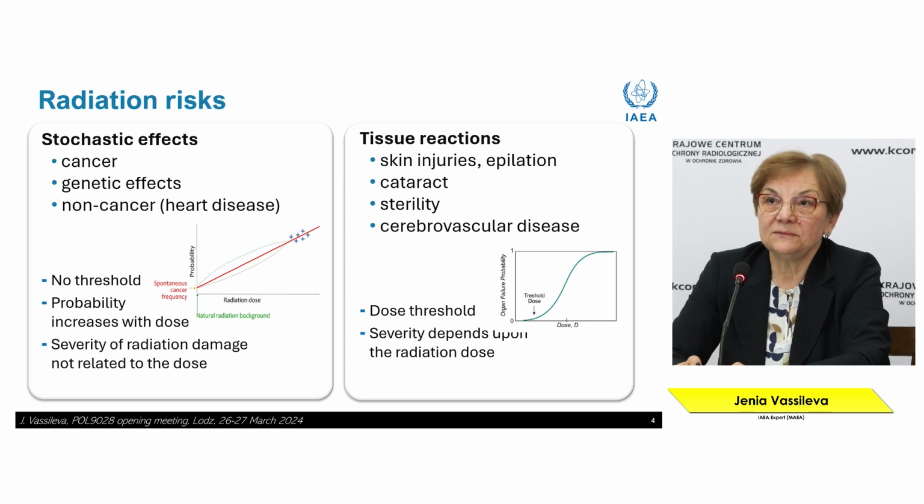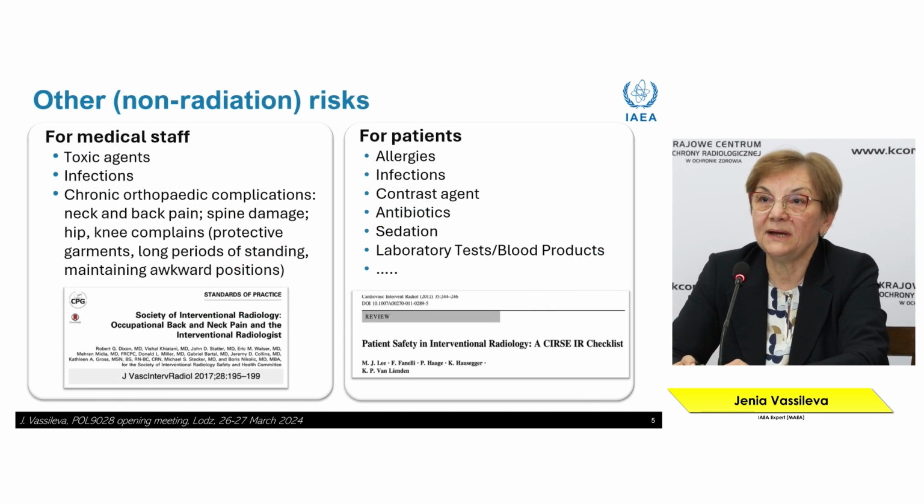So just a summary of what I discussed yesterday, and everyone here knows there are two types of risk, stochastic and deterministic tissue reactions. For tissue reactions, there is a threshold dose. For stochastic risk, there is no threshold, so we aim to reduce all risks as much as possible, of course, having the primary objective, the benefit.